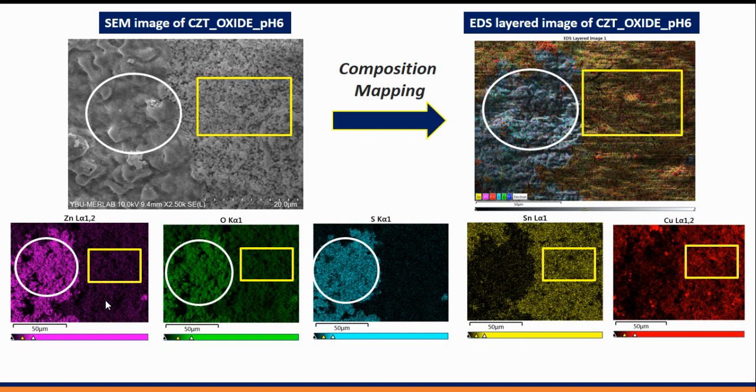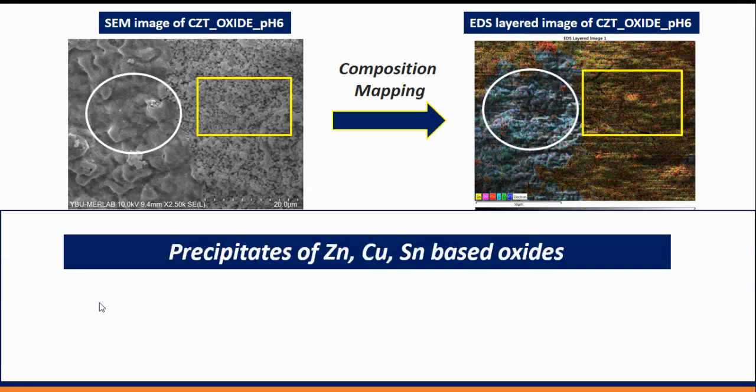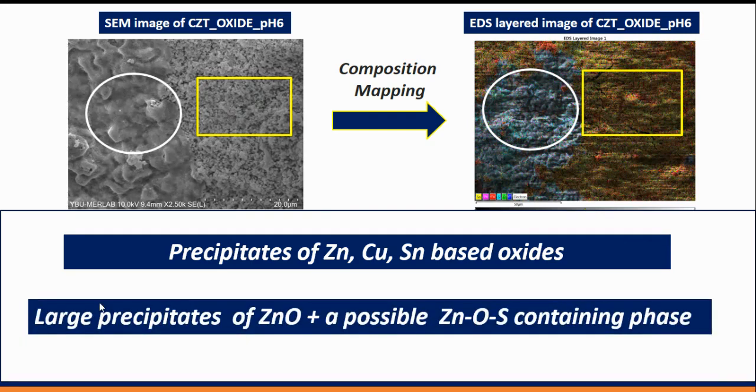And when we look at the yellow rectangle, we are still seeing some of the signals corresponding to zinc, oxygen, tin, and copper. And this means that in these regions, we have zinc, copper, and tin-based oxides. And also in the large particle region, we have large precipitates of zinc oxide beside a possible phase that contains zinc, oxygen, and sulfur.